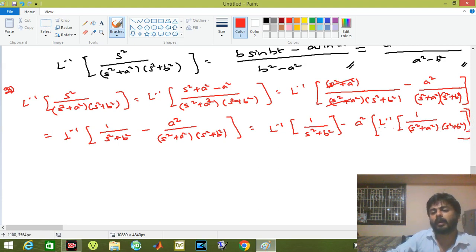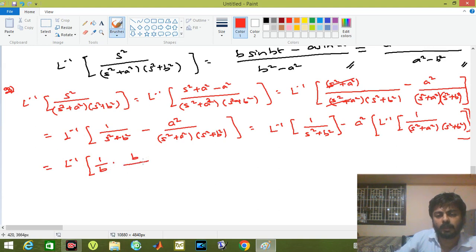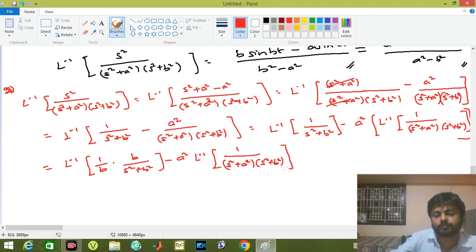Now I know the value of these two. L inverse of 1 by a square plus b square means I should have b, so 1 by b into b divided by a square plus b square, minus a square L inverse of 1 divided by a square plus a square into a square plus b square.